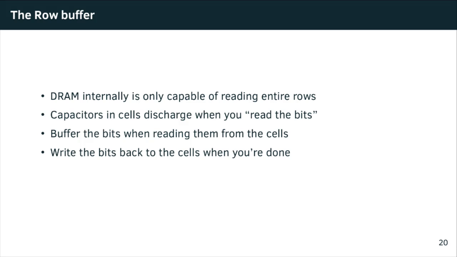Also, capacitors in cells discharge when you read the bits. What I mean by that is if you take a capacitor and put a voltmeter on it, if the capacitor is charged, you'll see a short spike, and you'll never see anything again. So reading DRAM actually destroys the content of the cells. The solution is, of course, we read the bits out, put them in a buffer, and write them back when we're done. And this is the row buffer. This is why we have it here.